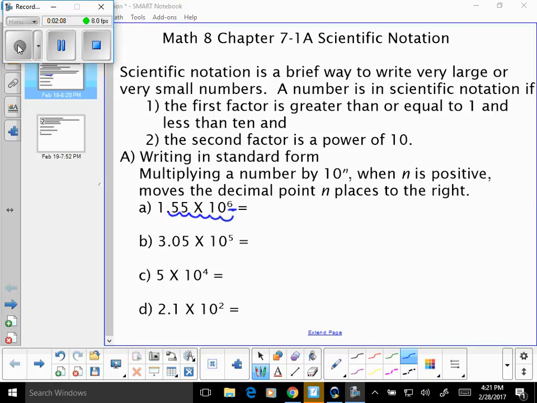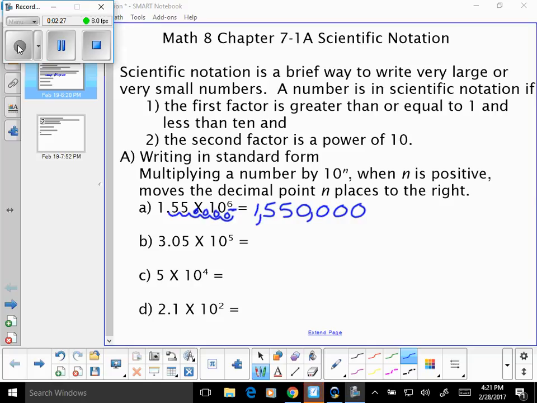I have to put zeros in there. Now, when I write the number, I have the 1, the 5, and the 5, and then I have these 4 zeros. To make it easier for a person to read it, I come back and put in commas.